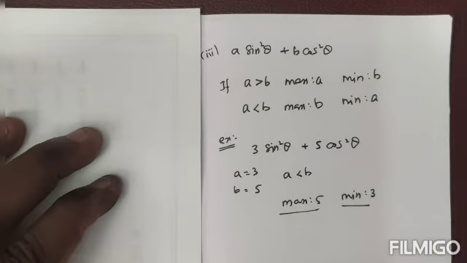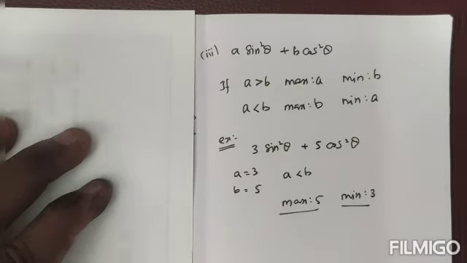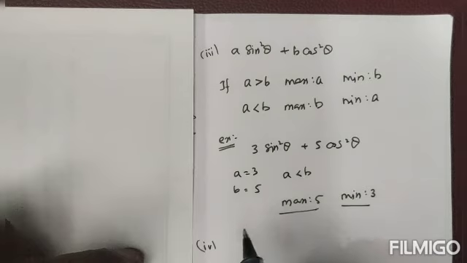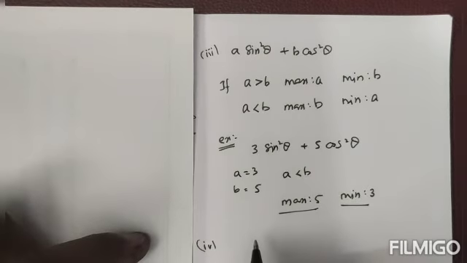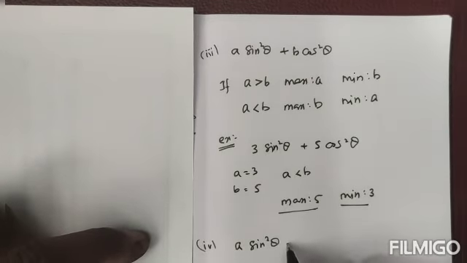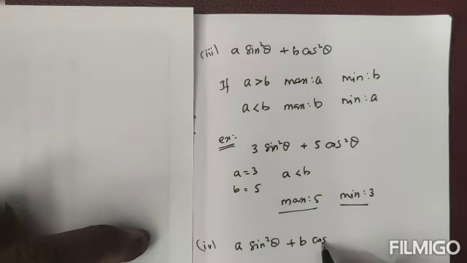Okay, next, the fourth identities. Here the angle with its reciprocal term will come, that is a sin square theta plus b cosecant square theta.